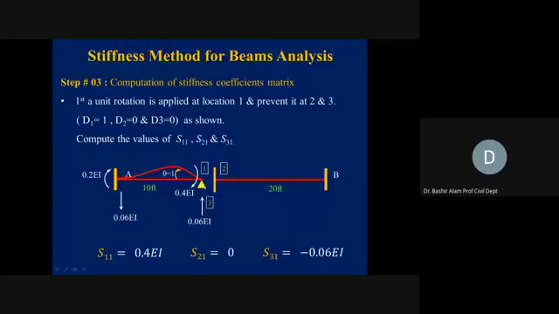Corresponding to D1, which was the rotation to the left of this hinge, we provide a clockwise rotation. The right rotation we are clamping, and the translation also we are clamping. We are not allowing any translation in this direction. When we provide a clockwise rotation, we get 4EI divided by L, L is 10, so it is simply 4 divided by 10, which is 0.4 EI.